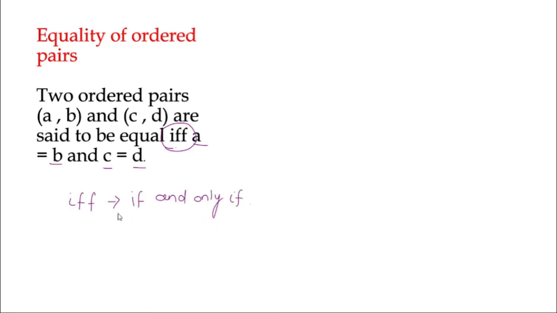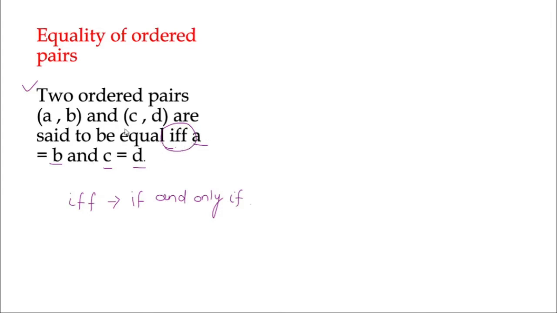If and only if. That means I can divide this particular statement into two parts. The first one is that the two ordered pairs A comma B and C comma D are equal, and the second part is A equal to C and B equal to D. Both of them are joined by if and only if.